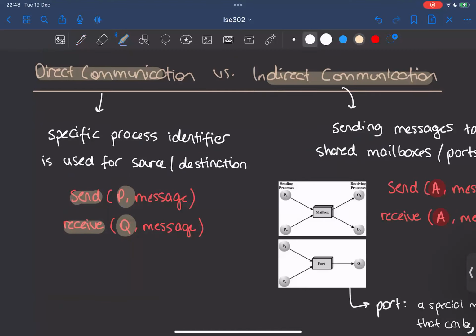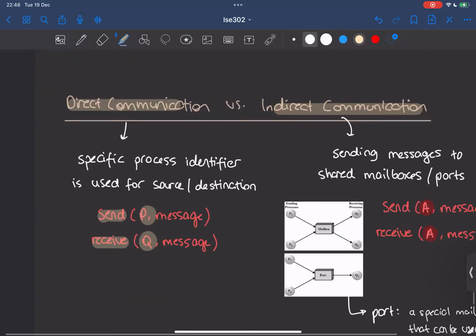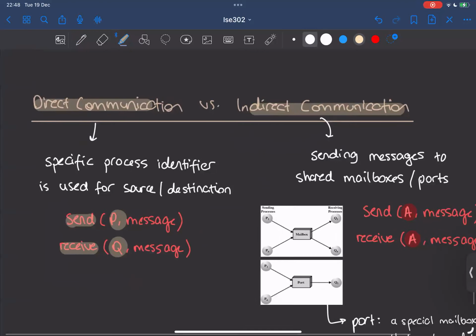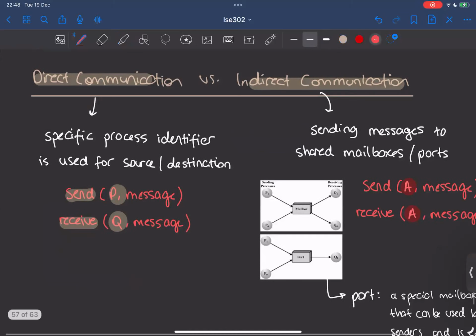Okay. So the communication link between processes is automatically established in direct communication. And each link is connected with exactly one pair of communicating processes. It assures a one-to-one relationship.